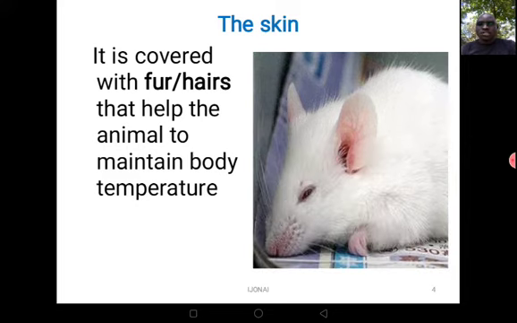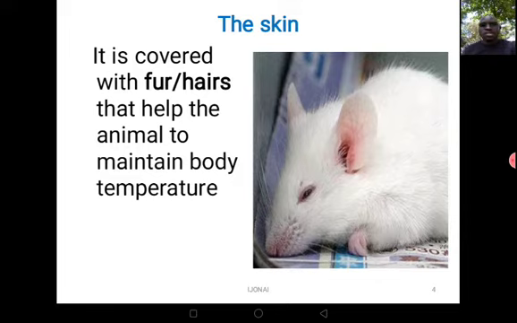We said that the skin already has fur, and what is the major function of the fur to the body, or the hairs?